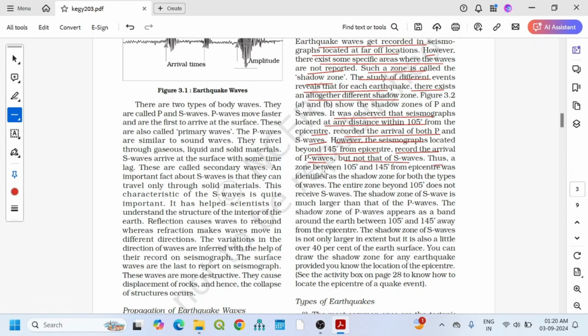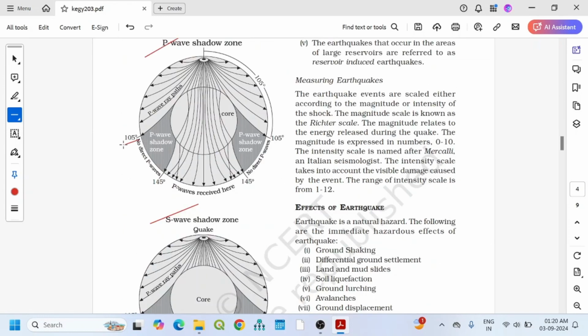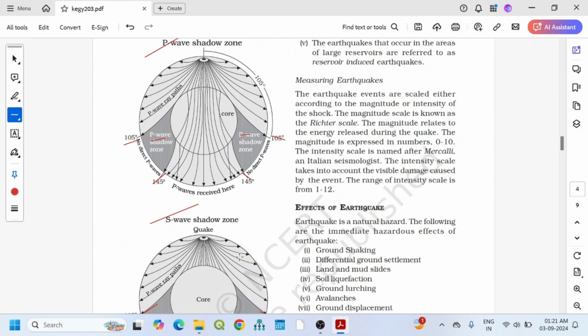Thus, a zone between 105 degrees and 145 degrees from the epicenter was identified as the shadow zone for both types of waves. If you look, that's this 105 to 145 degrees for P waves, and from 105 onwards, the S waves are in shadow zone.